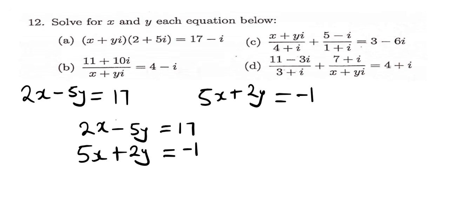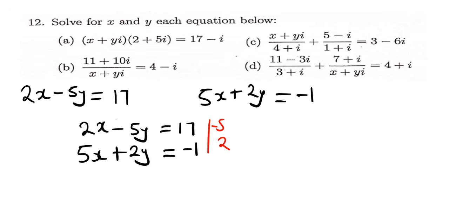I don't know any method that we can use, so I think I'm just going to use the elimination method. Let's say I put 2 here, and here I put 5. I put 5 on top, I put 2 down. Then I set one of them negative, so that we eliminate x.